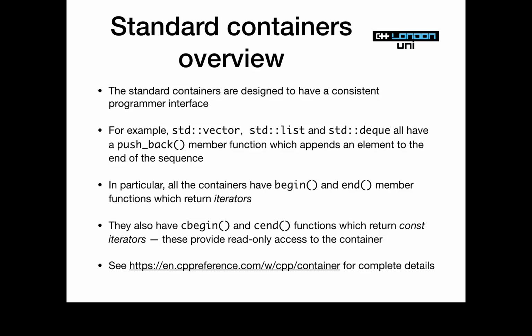If you can see at the back, this URL on CPP reference has all the gory details about all the member functions for all the containers. In fact, the bottom of this page is a huge table that tells you exactly which member functions, which operations, are available on which containers.